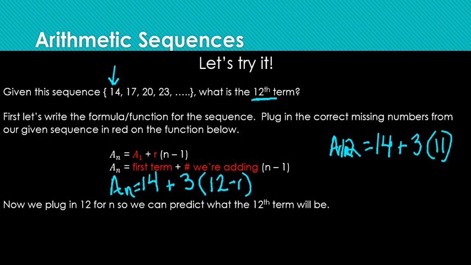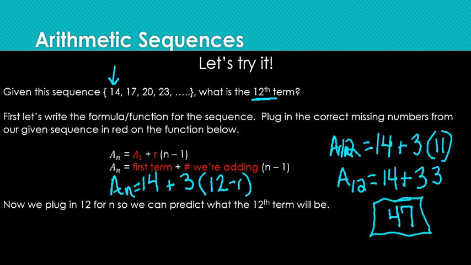A subscript 12 equals 14 plus 33. 14 plus 33 is going to equal 47. So 47 would be my 12th term. If we added 3 twelve times, we would be at 47.